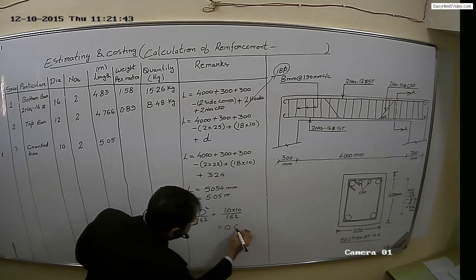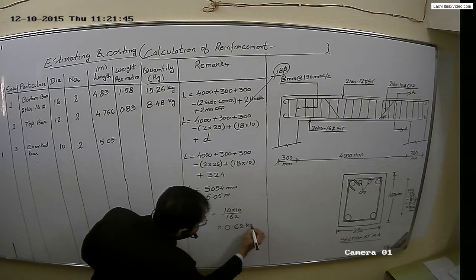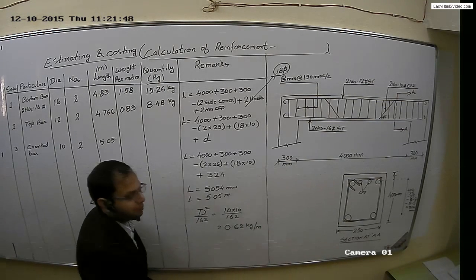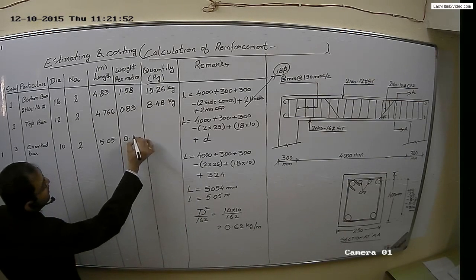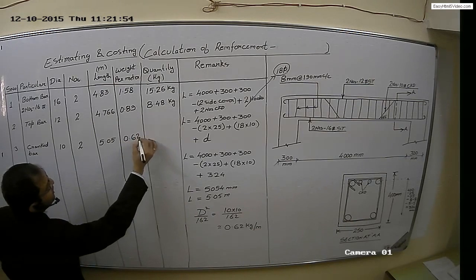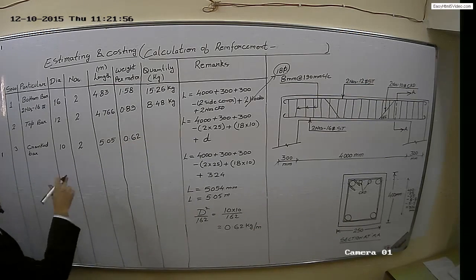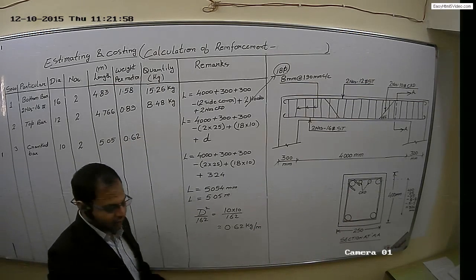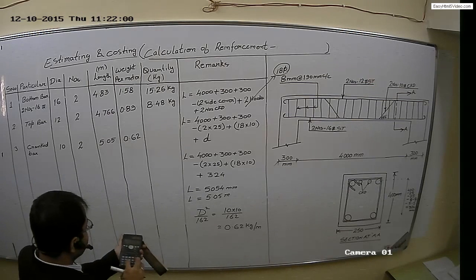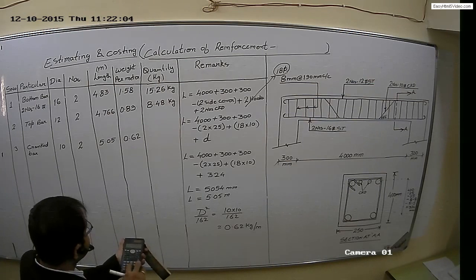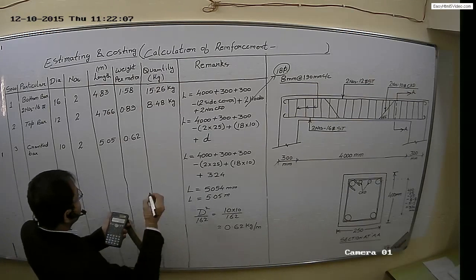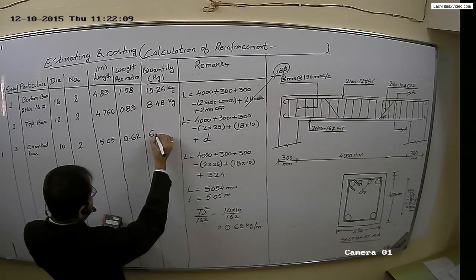We are rounding off to 0.62 kg per meter. You have to write here 0.62. Just multiply these three quantities, you will get the quantity of steel for the cranked bar. So 2 into 5.05 into 0.62. You will get 6.26 kg.